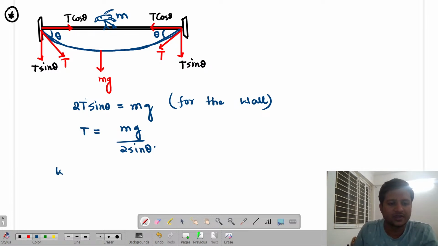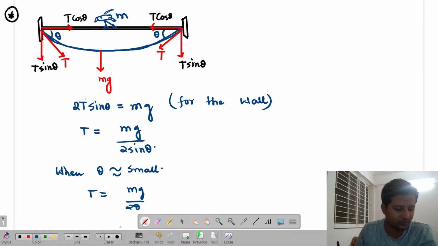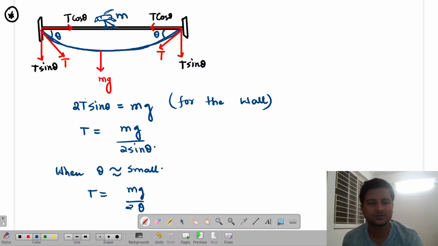When theta is very small, then T becomes mg by 2 theta, because my theta is small this time. Are you able to get me or not? It will be equal to mg by 2 theta.